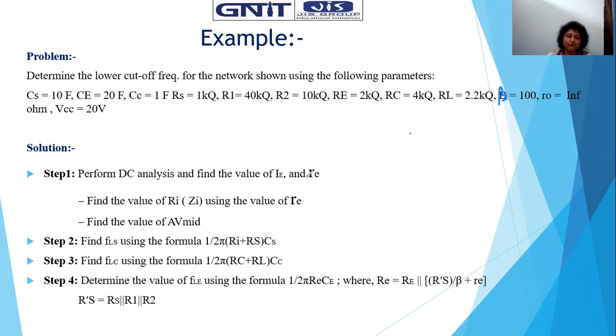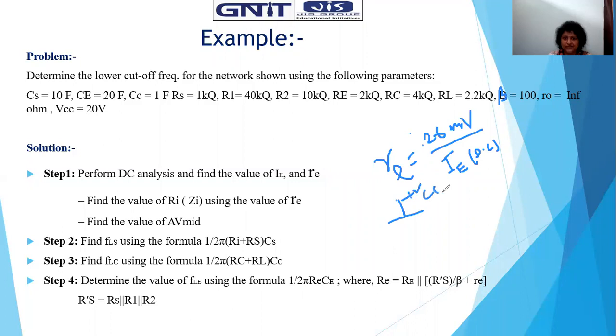So what we have to analyze first is that we need to get re. Now what is re? re is basically the thermal equivalent voltage 26 millivolt that we have already derived, divided by capital I in the previous class, and that is DC I. So how to find DC I? Let's see, very simple, in the diagram of the biasing network. From the DC network you can get DC I, right? So what was that network?